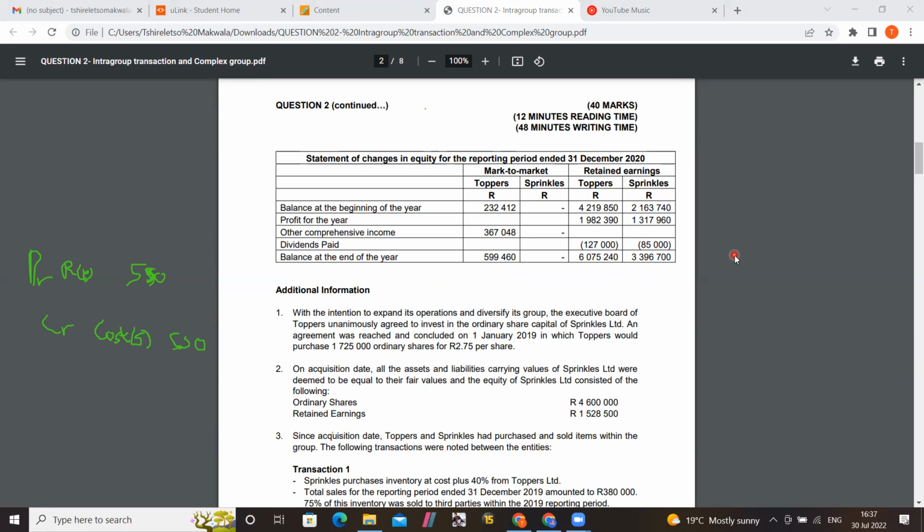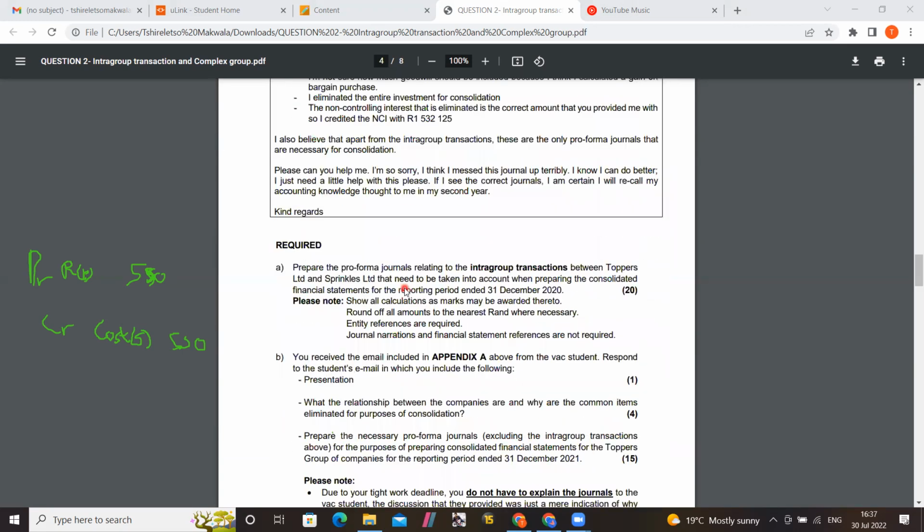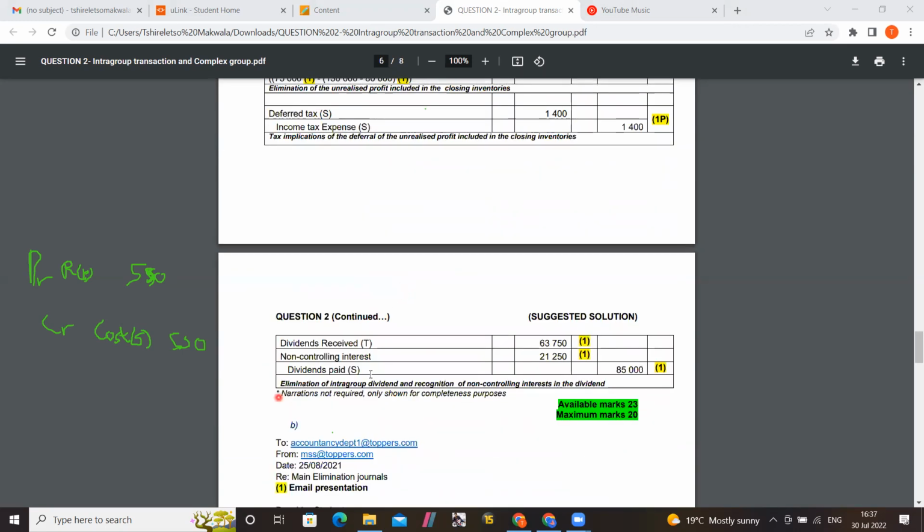And then the rest you have to attribute to the non-controlling interest, because that's their interest, and that's where this account comes from. So we are fixing our balance, because we also distributed this dividend to the non-controlling interest.